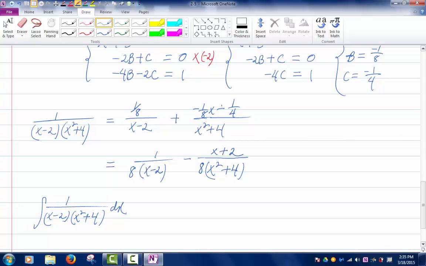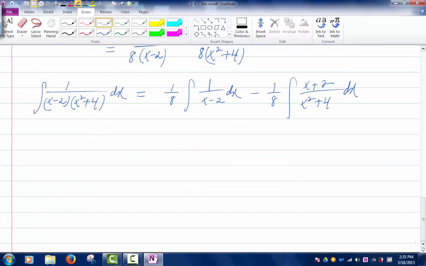And then negative 1/8 is right here. Okay, so this would be 1/8 integral of 1 over x minus 2 dx minus 1/8 integral of x plus 2 over x squared plus 4. Right? Any questions? No?